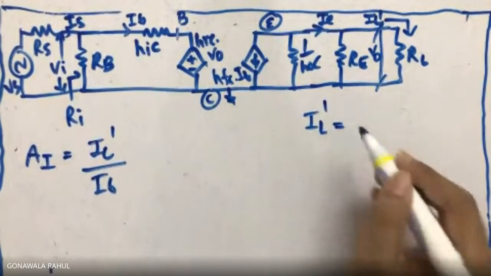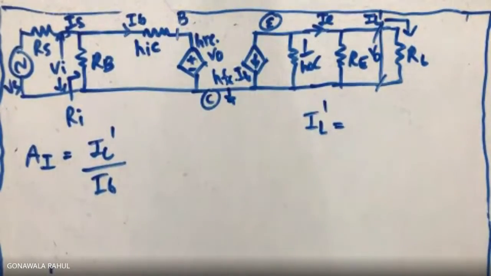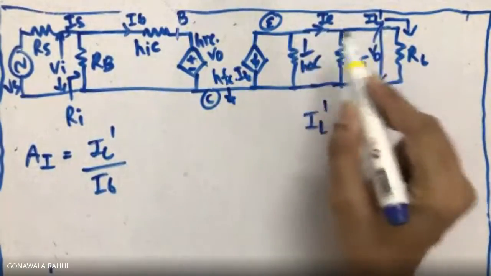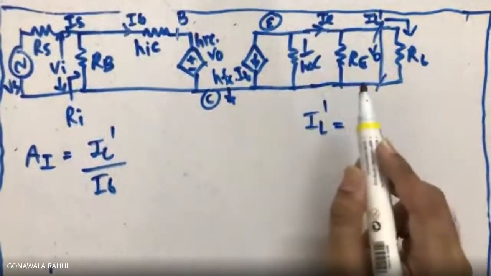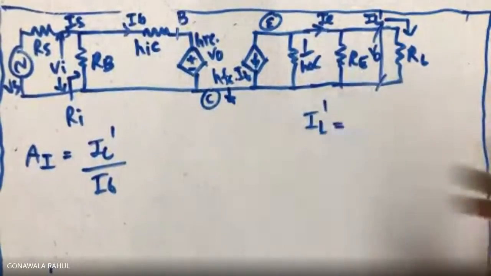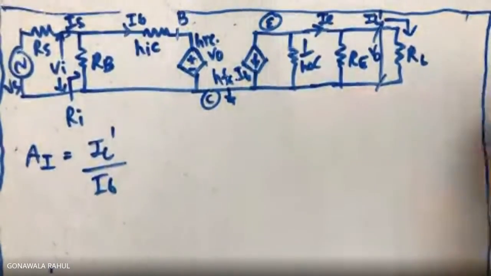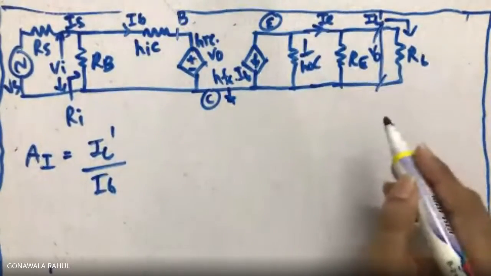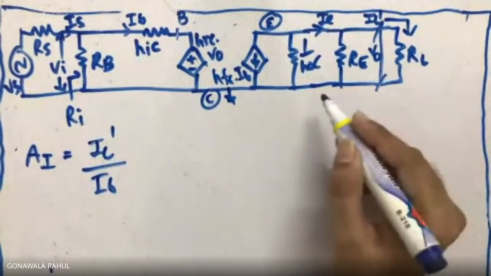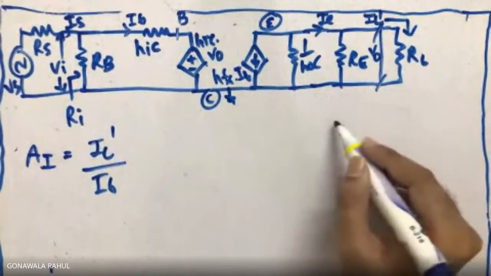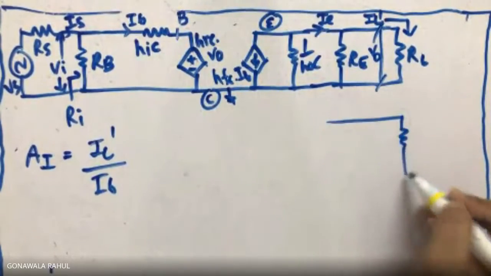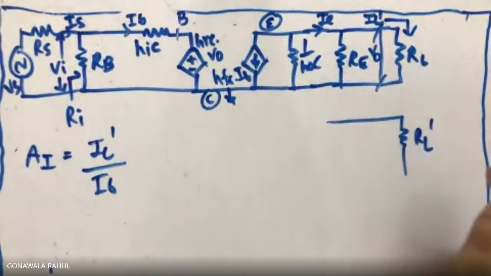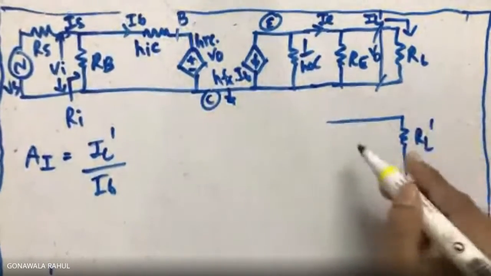IL dash is equal to, if you see here carefully, I am drawing this equivalent circuit so that you can easily understand. This is my RL dash, where RL dash is RE parallel RL.